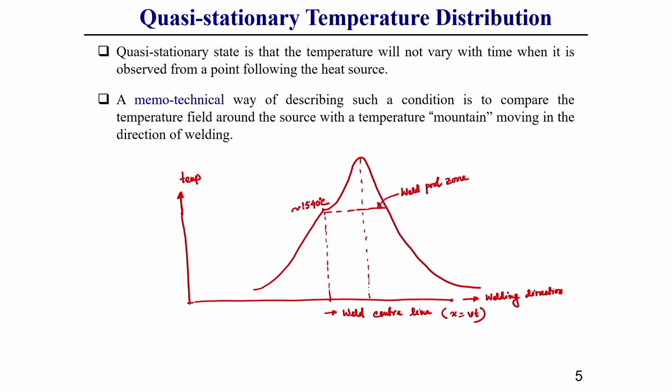And in case of a welding process, especially an arc welding process, the peak temperature at the weld pool center line can be approximately 2200 degrees centigrade, generally varying from 2000 to 2500 degree centigrade, that is why I have written approximately that temperature level. So, this is generally called the molten pool zone.